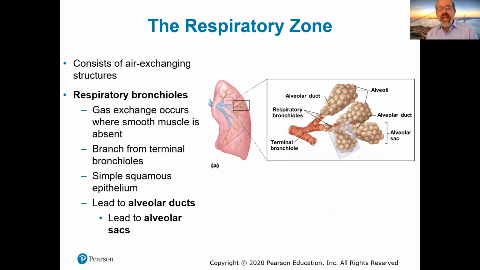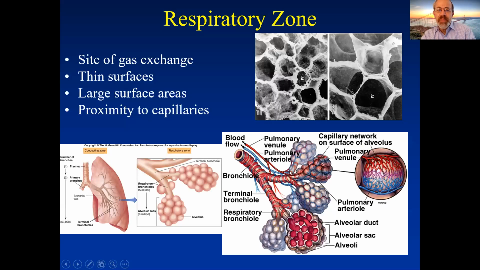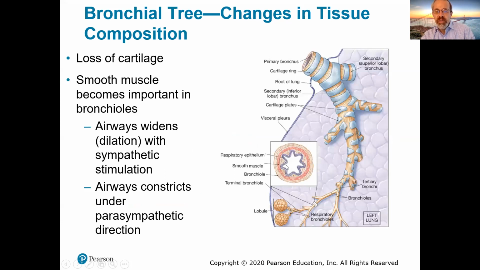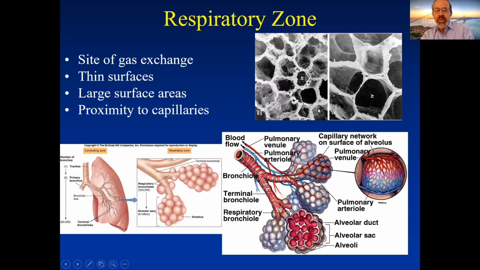Okay, so as I mentioned, the respiratory zone starts with the respiratory bronchioles and continues into the alveoli. As we go from the respiratory bronchioles into the alveoli, the epithelium becomes simple squamous, and the muscle that we started to see building up in the bronchioles starts to disappear.